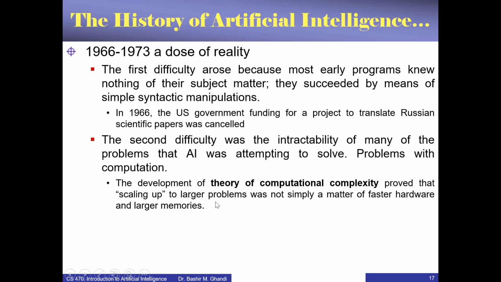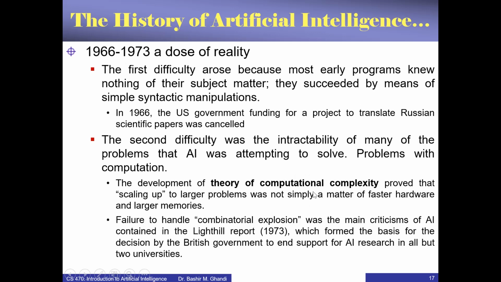Unfortunately, it turned out not to be the case because, as we learned in the other course, analysis of algorithms, there are certain problems that just cannot be solved efficiently. So far, no efficient algorithm has been found. And those were actually the type of problems they were trying to solve, and therefore they failed. Similar to what happened in the US, the same happened in the UK, because the UK government was sponsoring a lot of research in UK universities related to artificial intelligence.